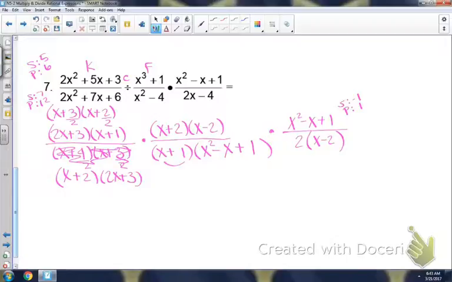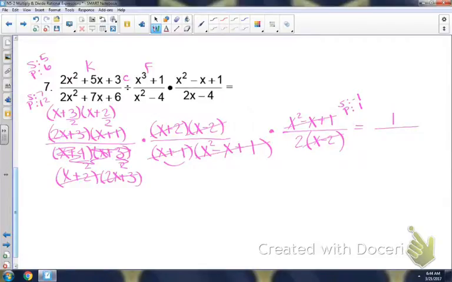Okay, so we have a 2x plus 3. We have an x plus 2. We have an x plus 1. We have an x squared minus x plus 1. We have an x minus 2. So look at the very top. Notice everything is canceled, but we have to put something on top since we have something on bottom.